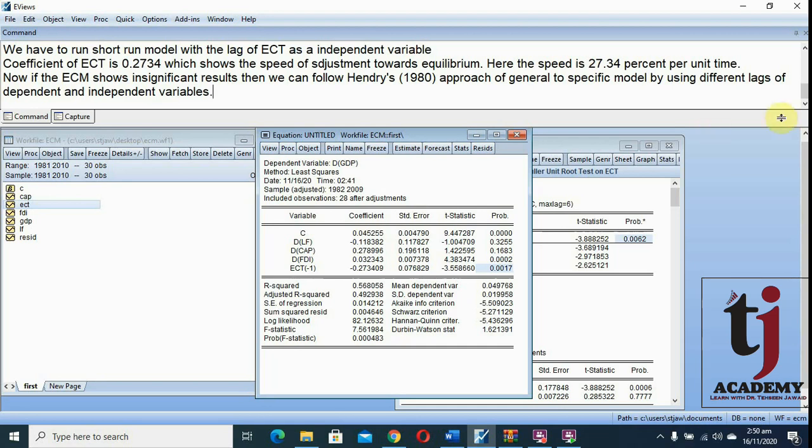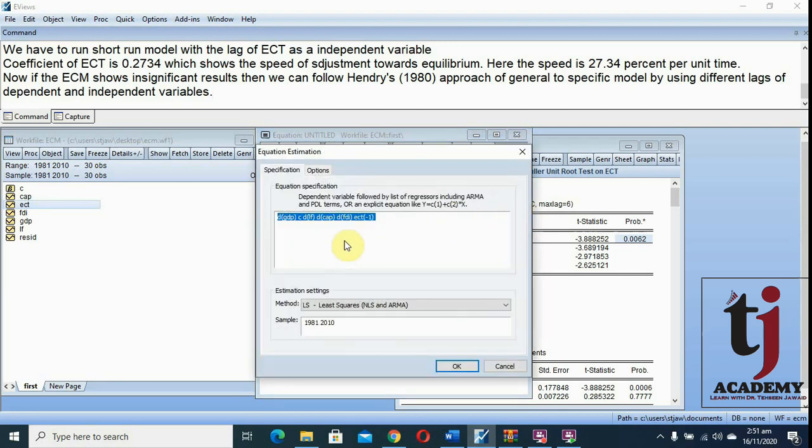Like for this model, if we want to increase or check our model with different lags, we have to use the lag of the dependent variable, lag 1 here, and we can use the lag of all variables, but here we are using just 2 variables.